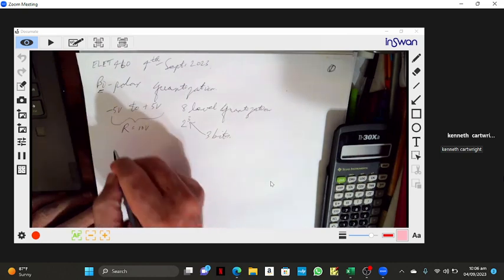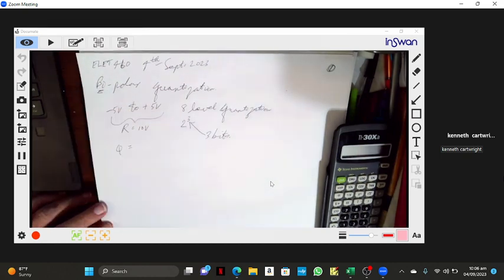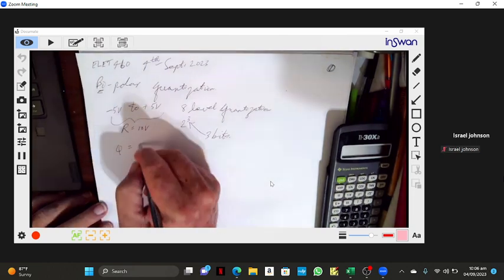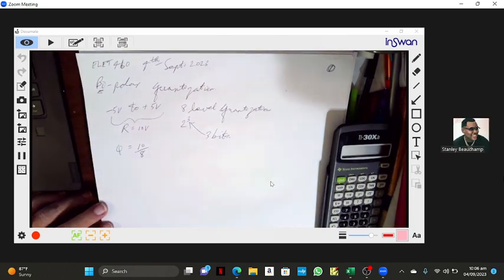So what's the quantization step? I'll say that's 1.25. And how do you get that? Divided by 8. It's 10 over 2 to the third power.